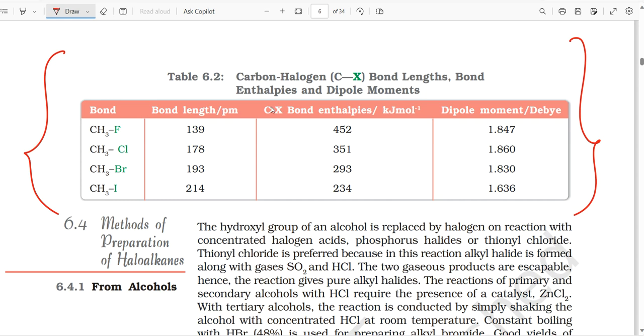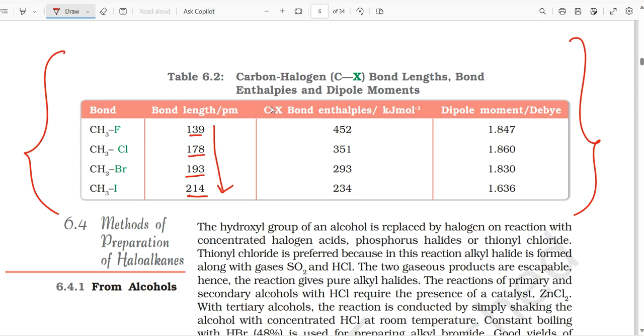Understand the concept, understand the regularities. Here we observe the values 139, 178, 193, 214. These values increase from top to bottom. What is the reason the bond length from fluorine to iodine increases? You have to understand the concept behind it.